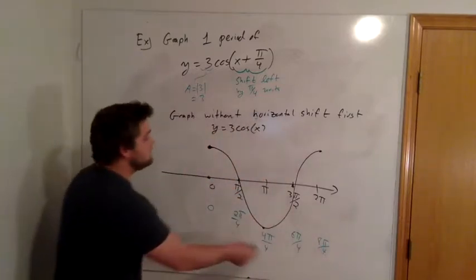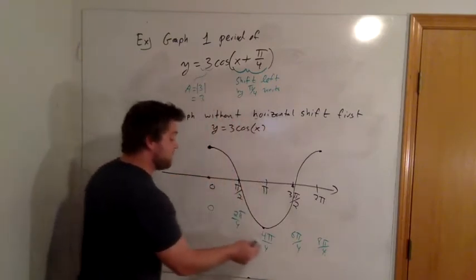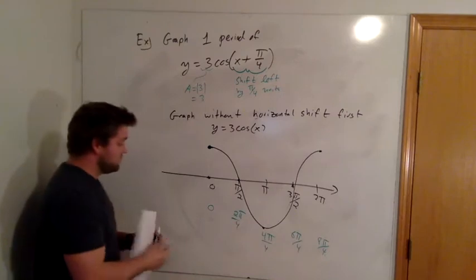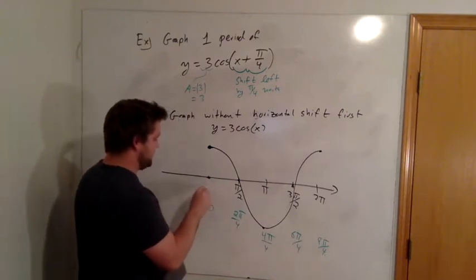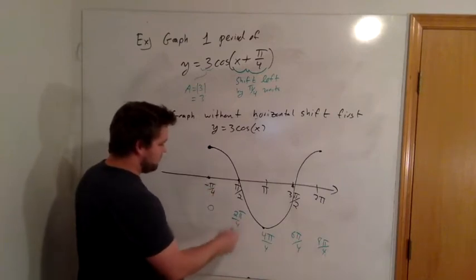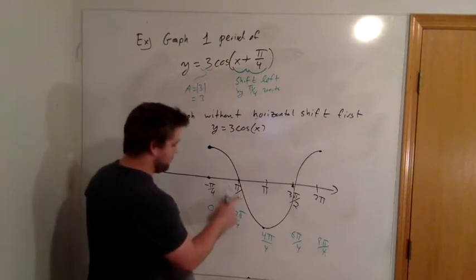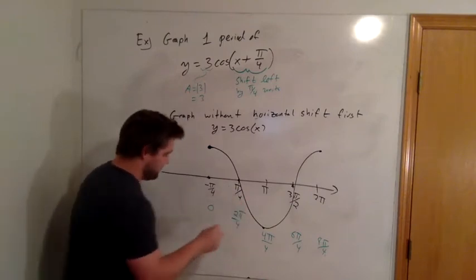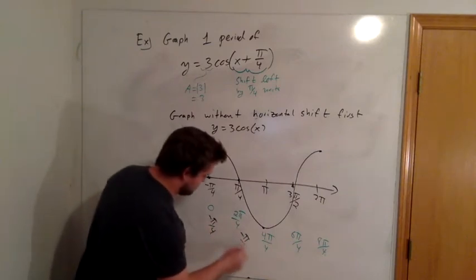Since I'm shifting to the left pi over 4 units, I'm going to subtract pi over 4 from each of these values. Instead of 0, 0 minus pi over 4 gives negative pi over 4. I have 2 pi over 4, and subtracting pi over 4 leaves 1 pi over 4.